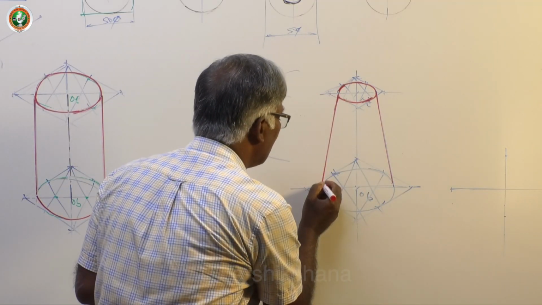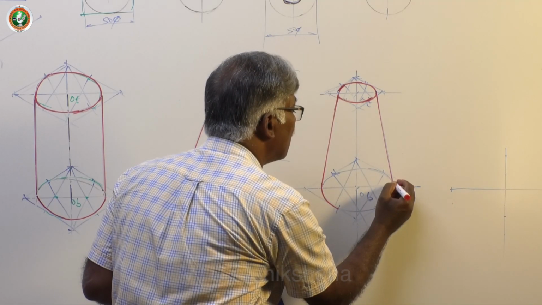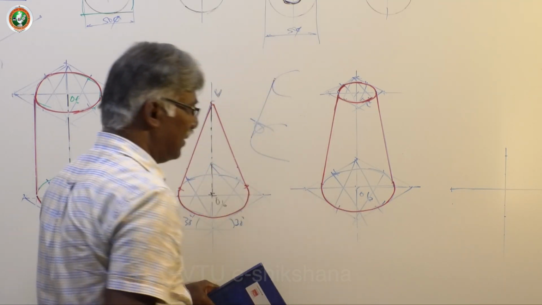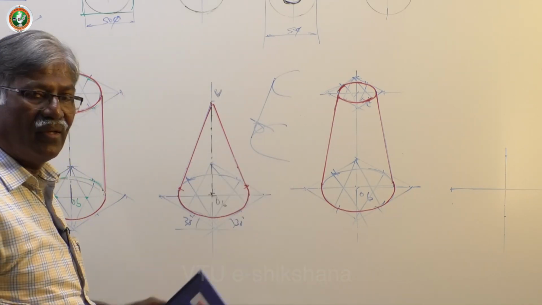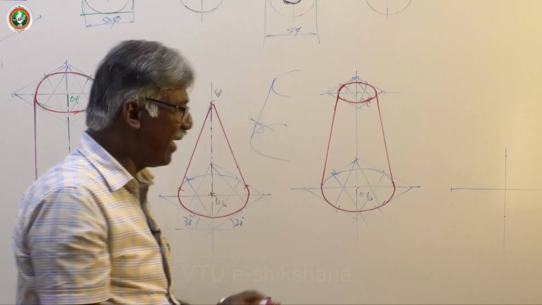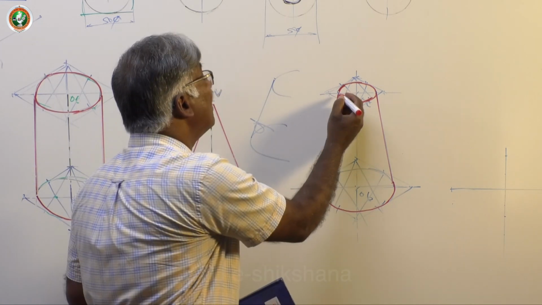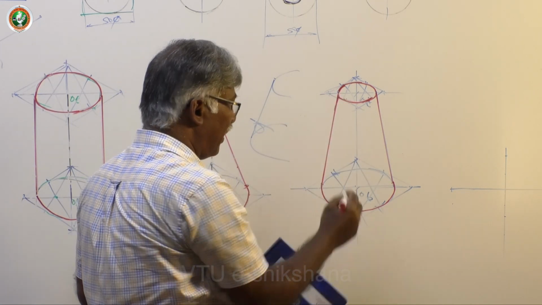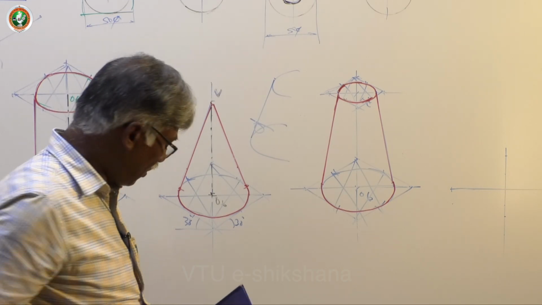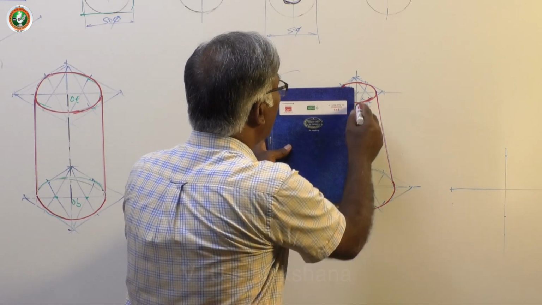Again, same thing, you have to create smooth curve using French curve or whatever. That's all about this. And then you need not draw dotted line, as I told you earlier. This is only the representation, and again axis representation is a must for all the solids, OB to OT.